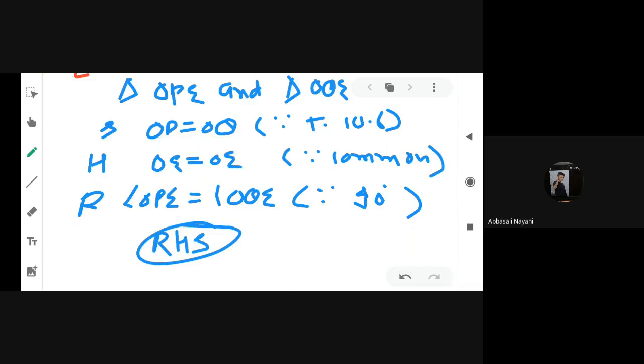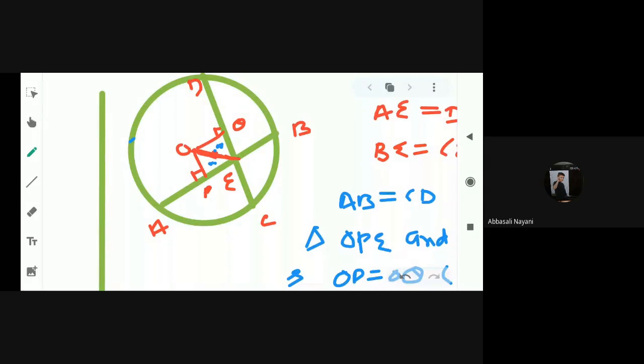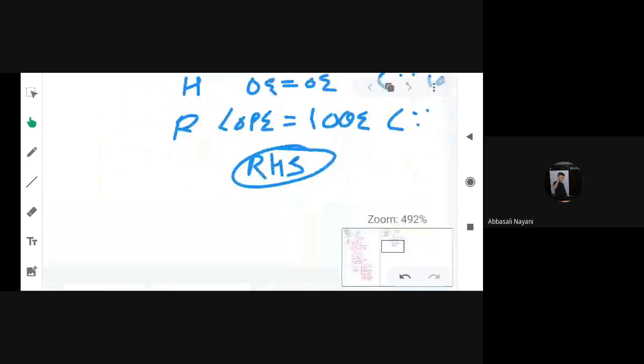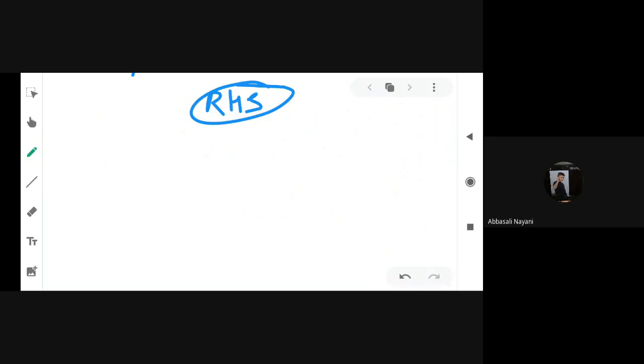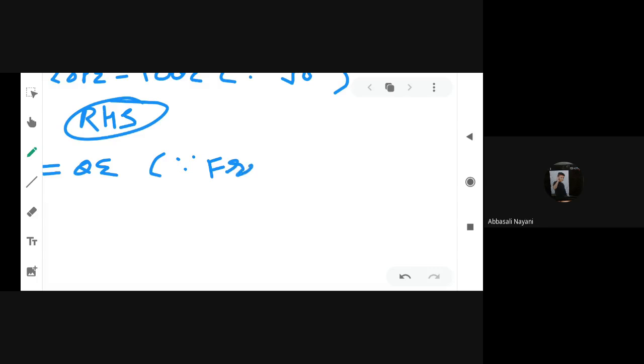And if these triangles are equal, it means these two sides, PE and QE, are equal. So from these two triangles, PE and QE are equal; we can write in brackets, from the above congruence condition.